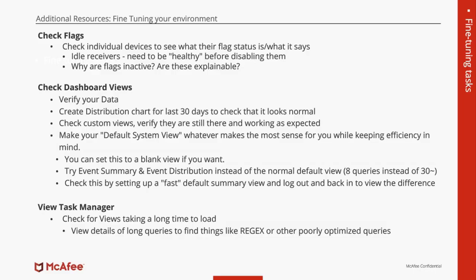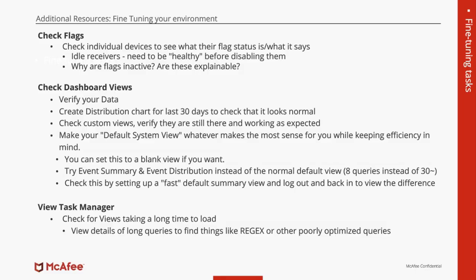Basically, we want to see why things are inactive. Should they be inactive? Do we need to decommission things? This would be a good idea now that we're touching everything, to help with the fine-tuning of the devices.